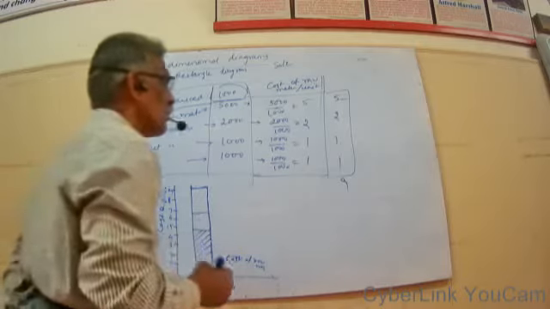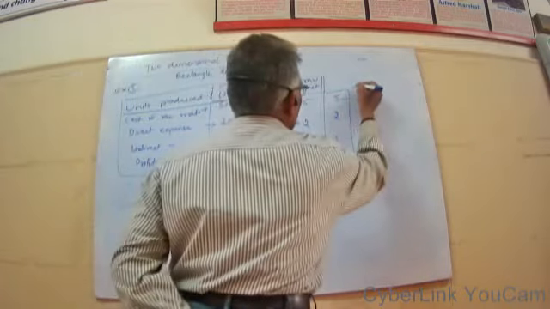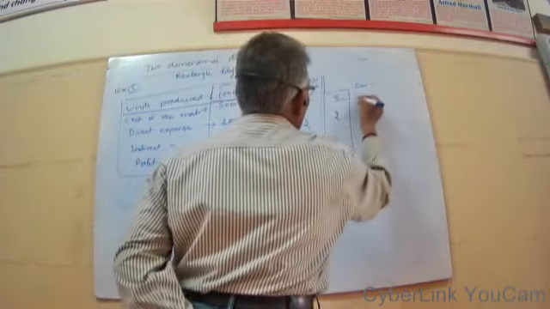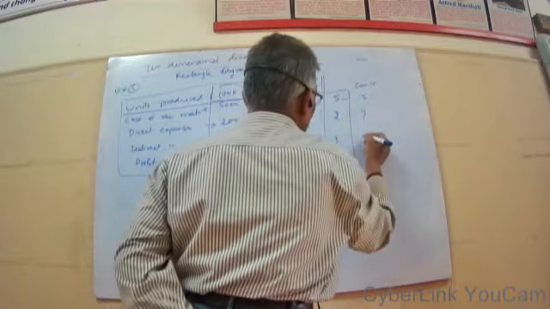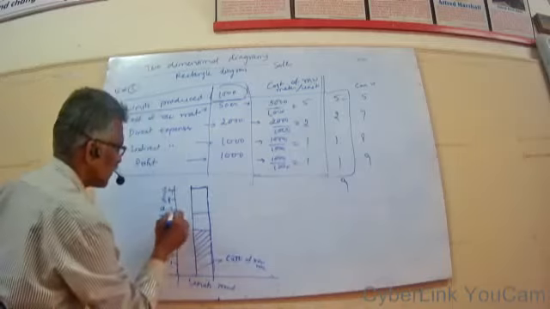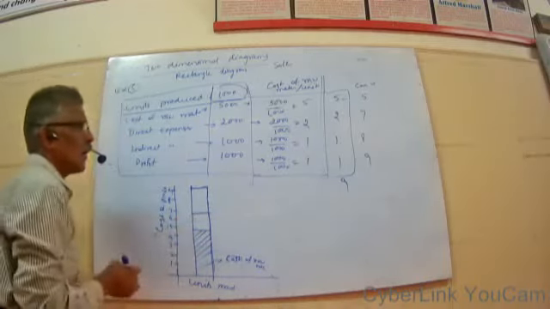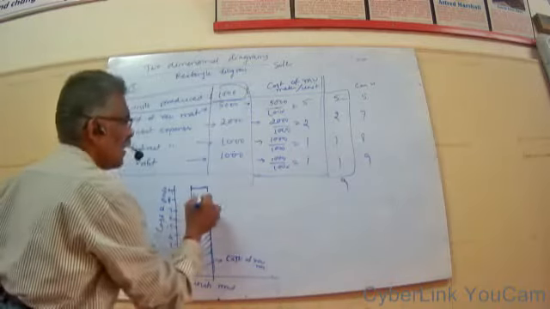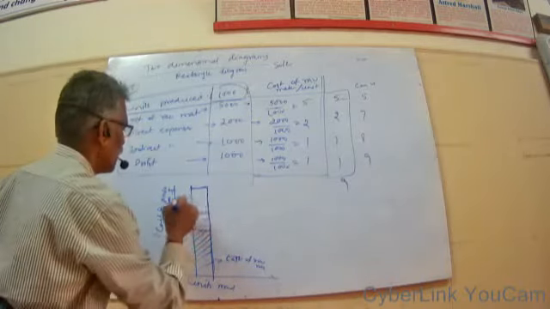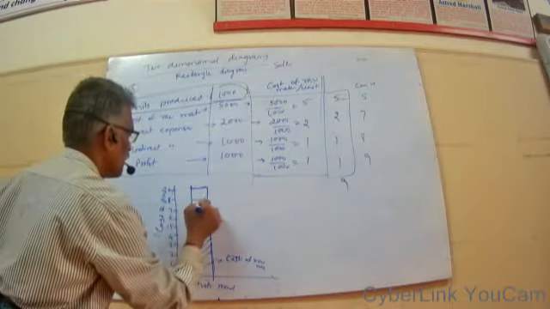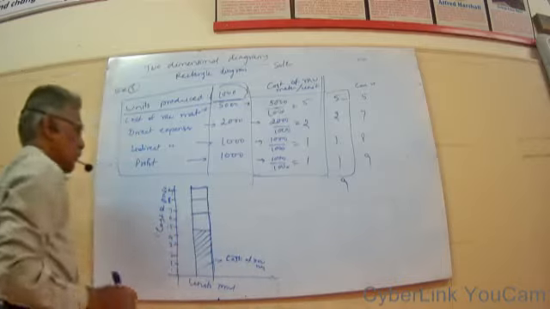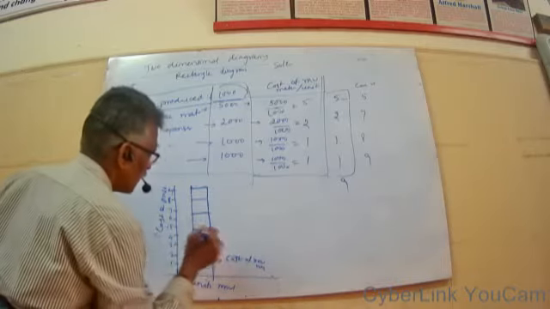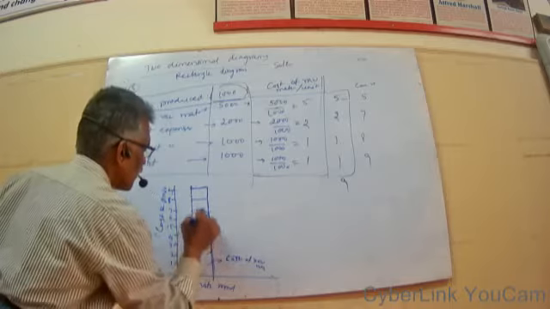To avoid confusion you can do it like this also, using cumulative values: cumulative value is 5, then 7, then 8, then 9. So the second is up to 7. Here you make one line. Next is again 1, this is 8, and this is 9. These are different shades.